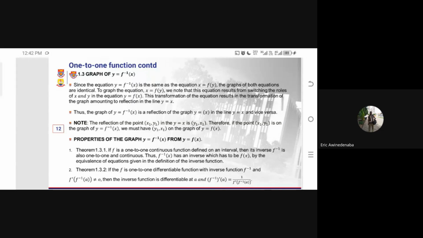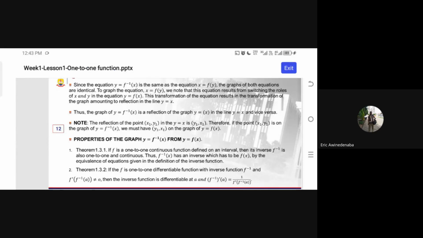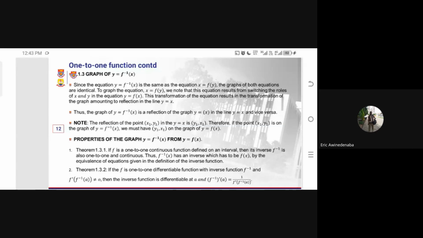The next theorem says that if the function f is a 1 to 1 differentiable function with inverse function f inverse, 1 to 1 we know what that means. Differentiable means that we should be able to differentiate that function. Then we are saying that f prime, the derivative of f inverse at the point a, should not be equal to 0.